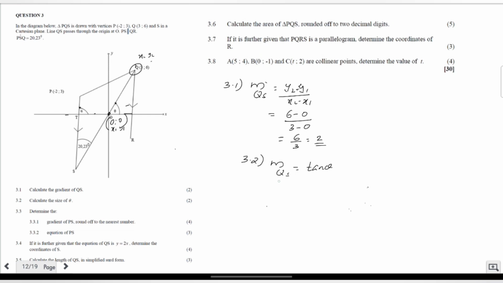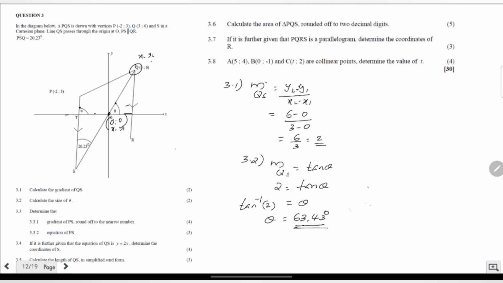And that one we got already. 2 is equal to tan theta. Therefore, theta is equal to what? Send tan to the other side, that is tan inverse of that number. That is theta is equal to, it's an acute angle already, so the answer is going to be 63,43. You can use the calculator, and it's an angle.